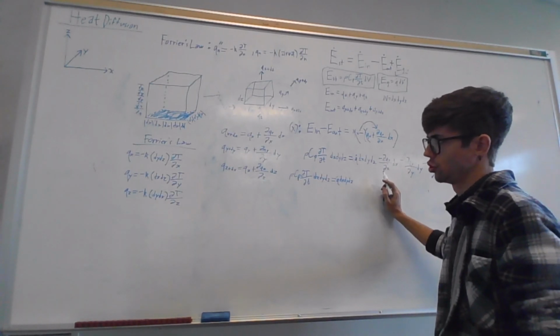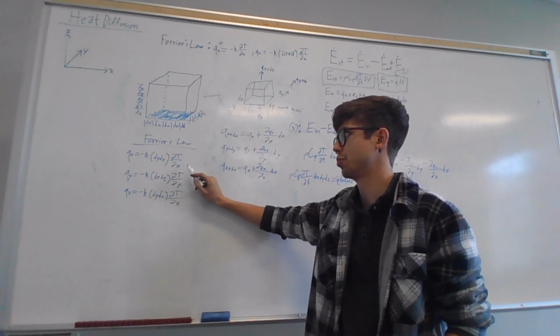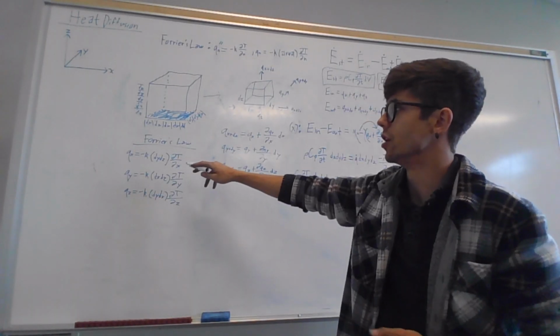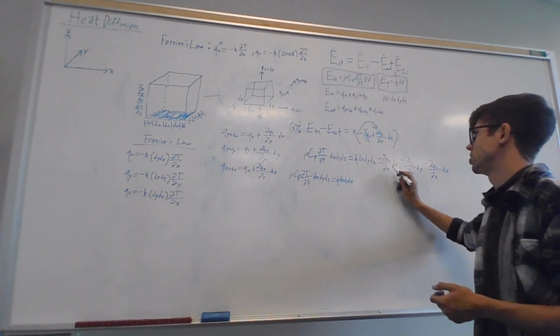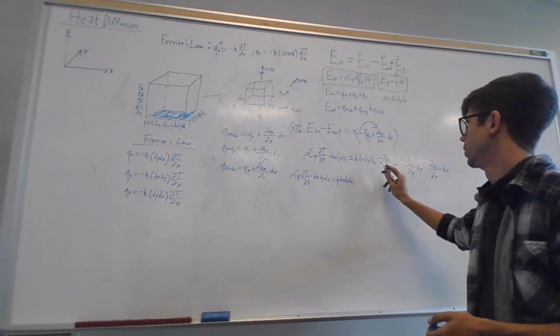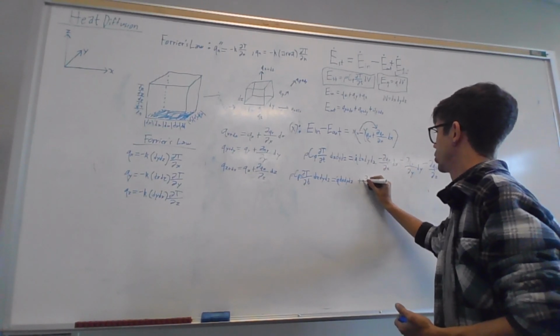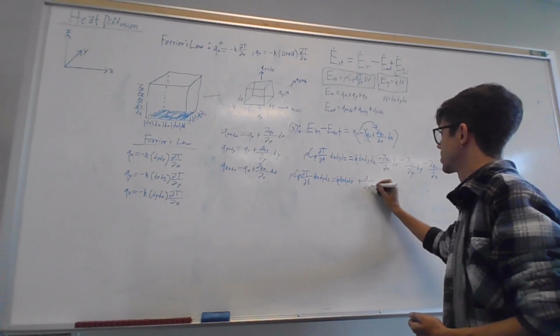So this negative sign will distribute. You notice that our Fourier's law expression of heat flow is also negative. So if I'm trying to write Qx in a new way in this term, that negative will cancel out. So I can say plus the partial derivative with respect to x.